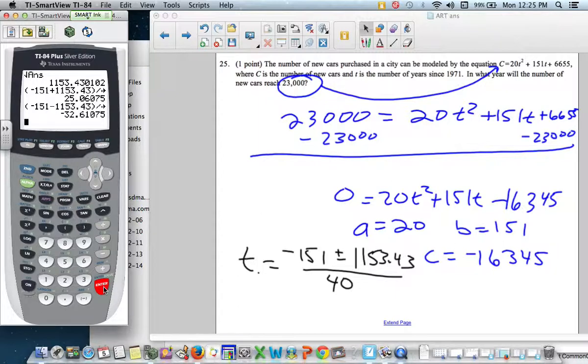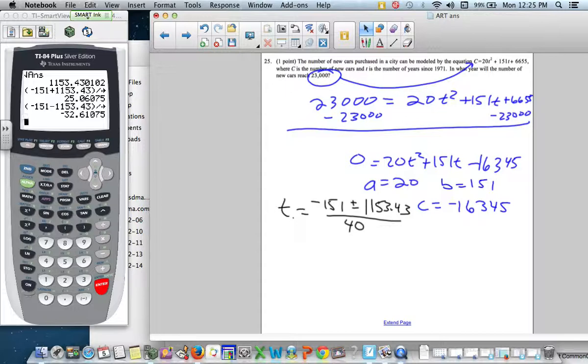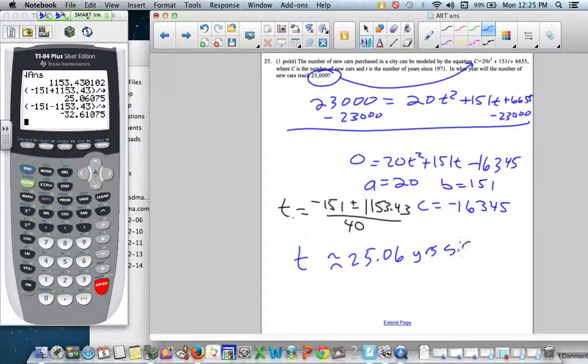And in this case, I get a negative time for my second answer. So the only answer that makes sense is the positive one. So I'm going to go with T is approximately 25.06 years since 1971.